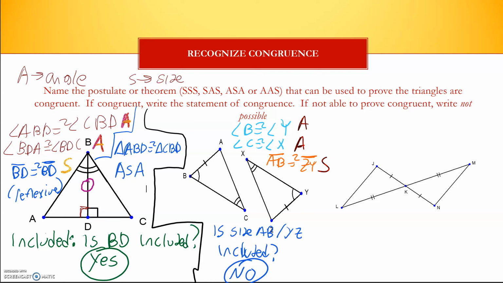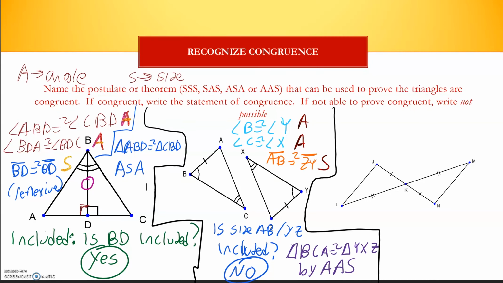So it's not ASA. In this one, I would say that they are congruent. Triangle BCA is congruent to triangle YXZ by angle, angle, side, because the side there was not included.